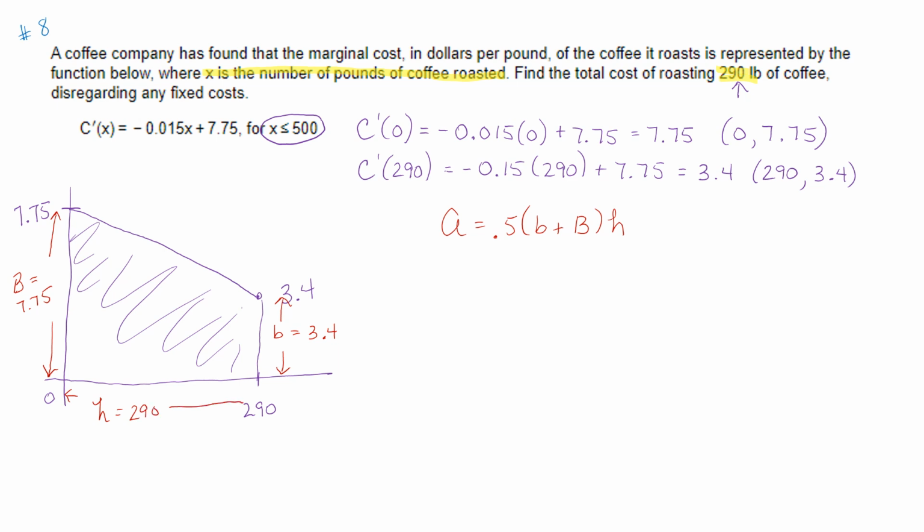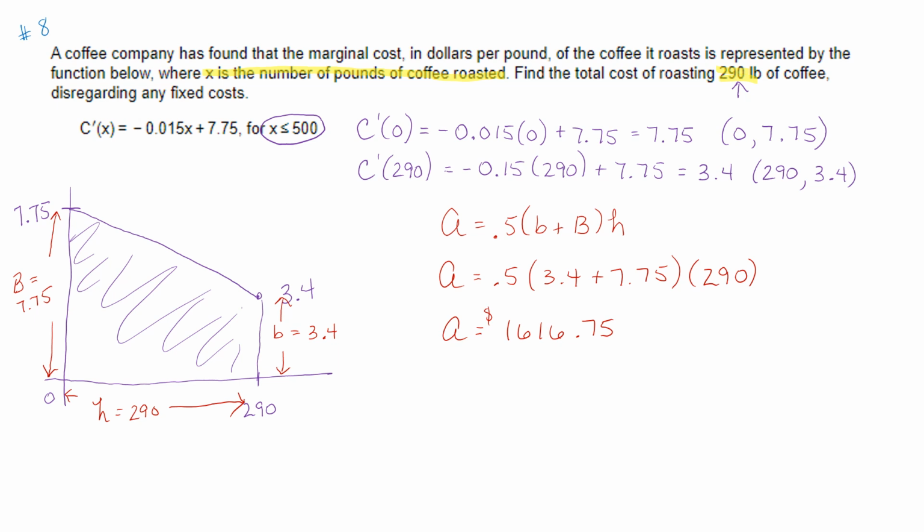And in this case, it is not. And so let's go ahead and plug that in. And that will give us 1,616.75, which is in dollars. And that is the total cost of roasting the 290 pounds of coffee.